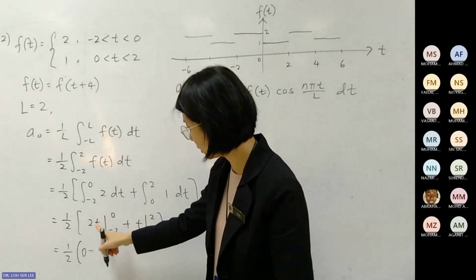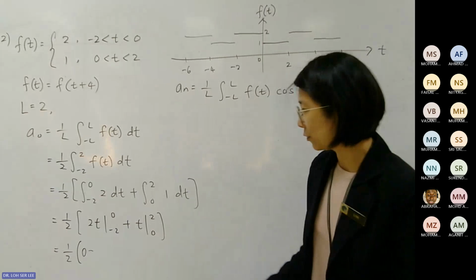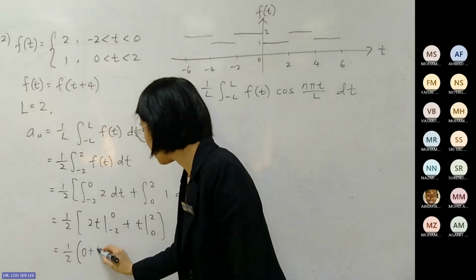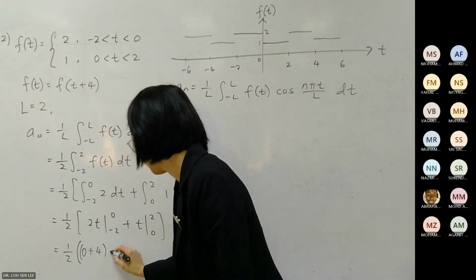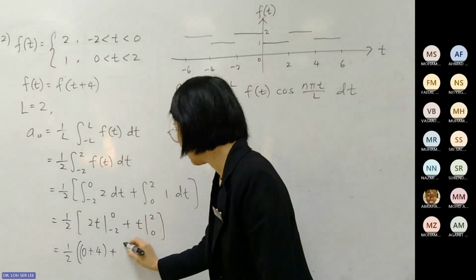Minus -2 into T, you get -4. -4, that means plus 4. Okay, plus, this is 2 minus 0.